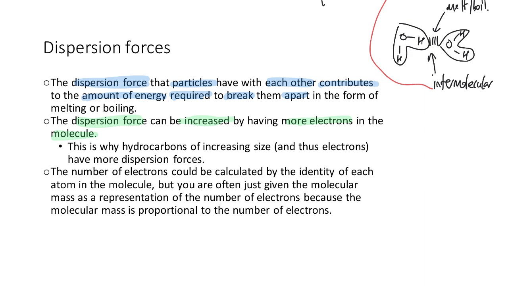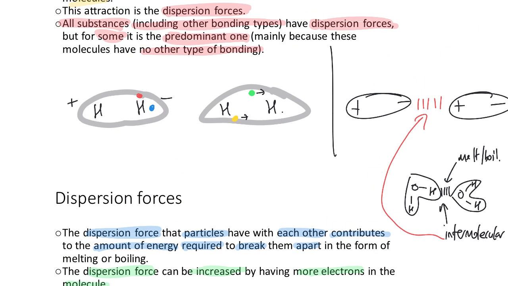Remember, if we have these electrons here just randomly moving around, if you have more of them, you might have 5 or 6 electrons randomly distributed to one side, which would cause a much larger push on those electrons there, creating a much larger dispersion force, right?